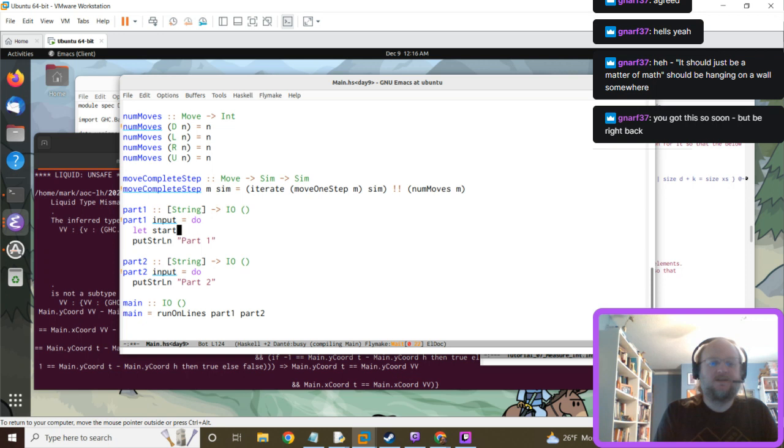So start position is a rope with head is 0, 0.